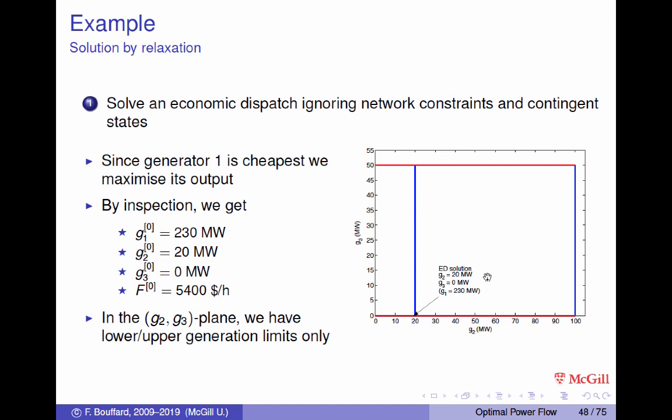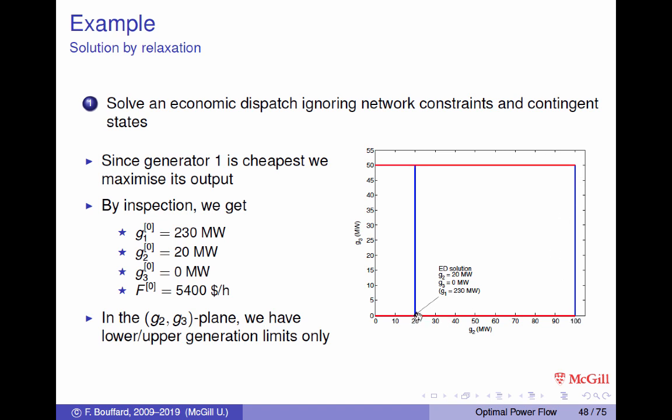And since we're trying to minimize cost, we're going to try to be as close as possible to the origin. And the other thing to realize here is that since it's a linear program, the solution is going to be at one of those four corners.